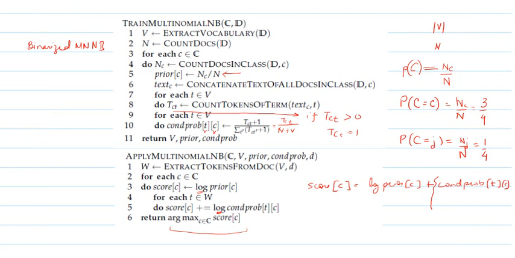Now what is actually the Bernoulli naive Bayes? Bernoulli is also very, very similar to this. The similarity here is that when we say naive Bayes or any text classification algorithm, we are assuming that these are sequences of words, right?